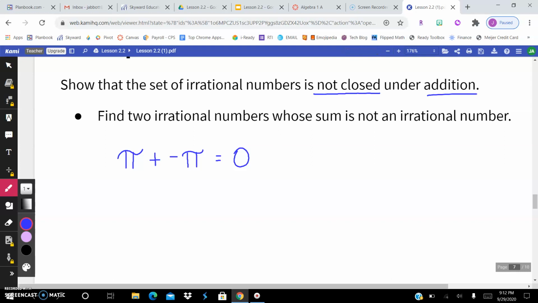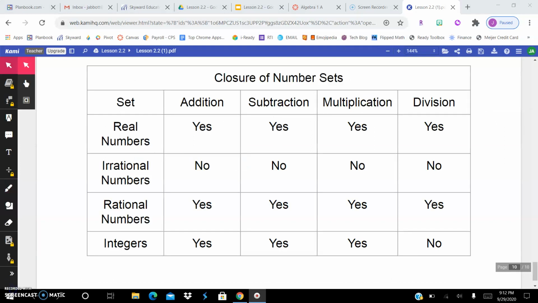And here is a kind of a cheat sheet, if you will, of the number sets on what is closed and what isn't. So if they give you a set of real numbers, it is going to be closed under all different operations. So addition, subtraction, multiplication, and division, it will be closed. Irrational numbers will not be closed under any of those operations. And rational numbers will be closed under addition, subtraction, multiplication, and division.